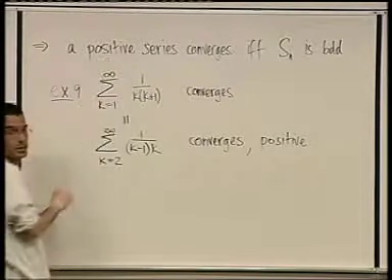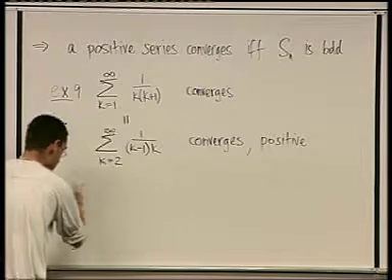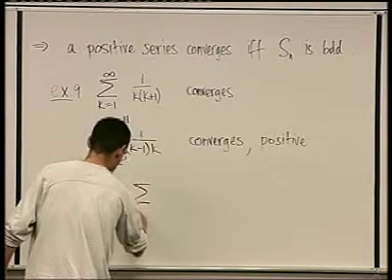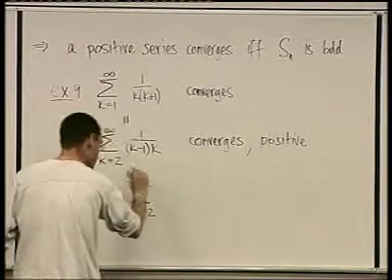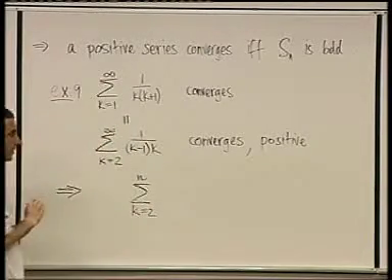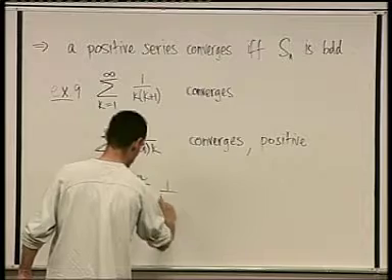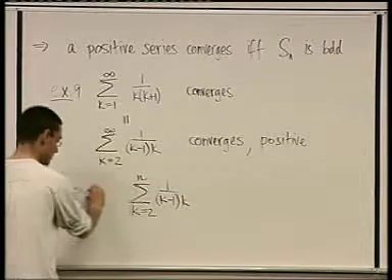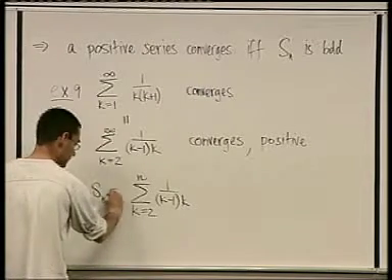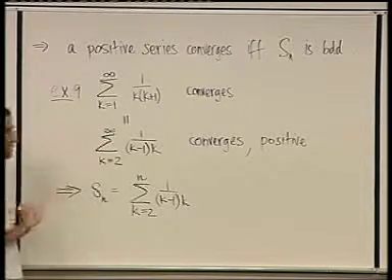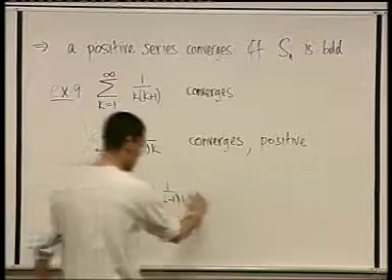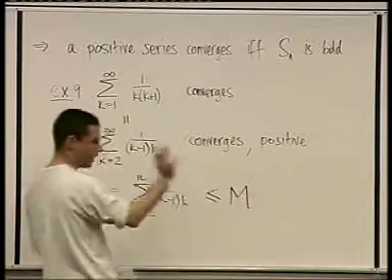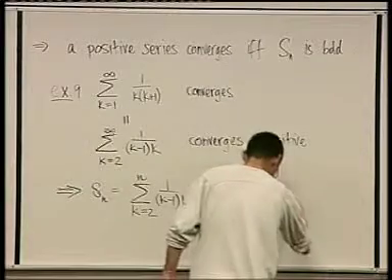That's this statement. So if I write the sum from k equals 2, not to infinity, but to n, of 1 over k minus 1 times k, this is S_n. This thing is bounded. So this is less than or equal to some M, some number, and this is true for any n.